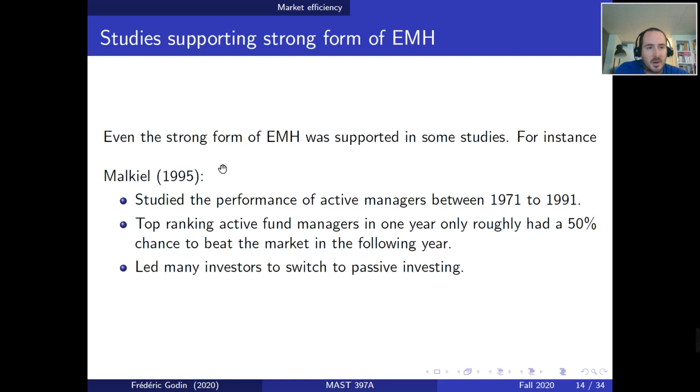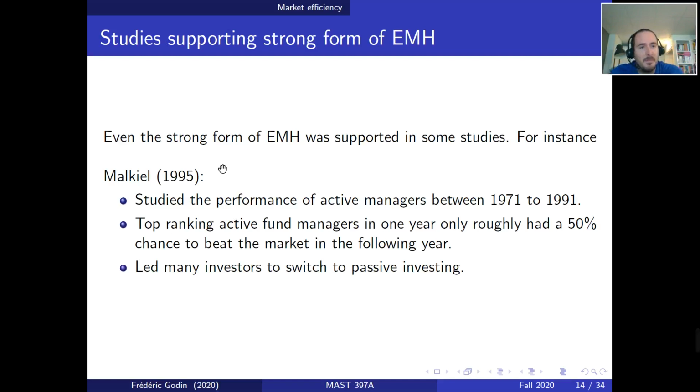So this tends to indicate that managers which were very good in a given year were not necessarily very good because they had extremely good skills, but rather simply because they were lucky, because their performance was not persistent through time. In the next year, half of them had a performance equal to or smaller than the market performance.